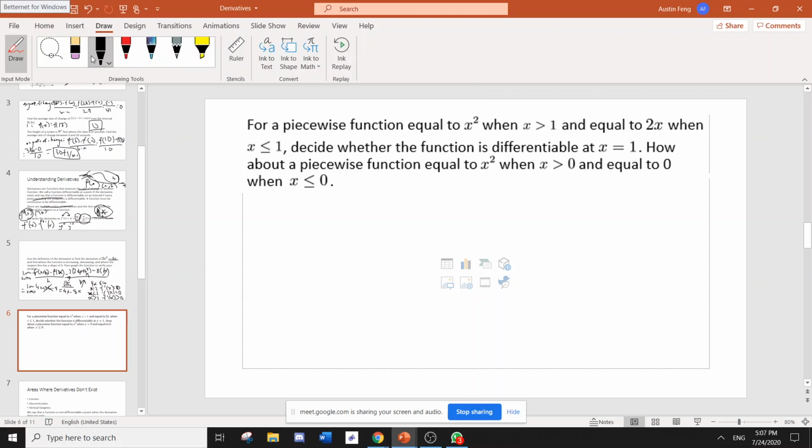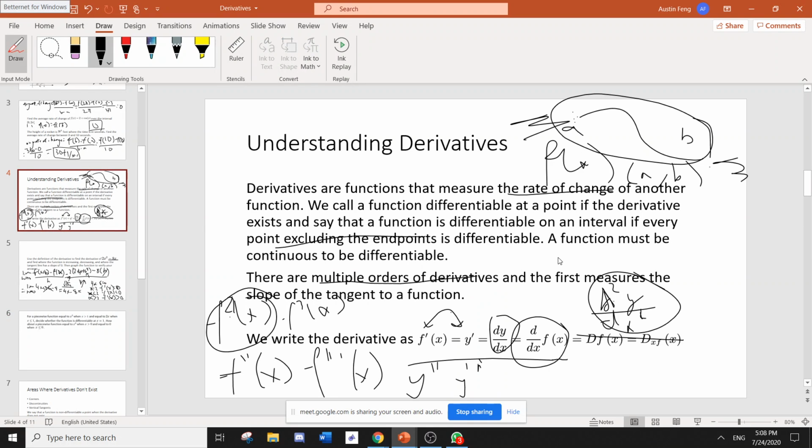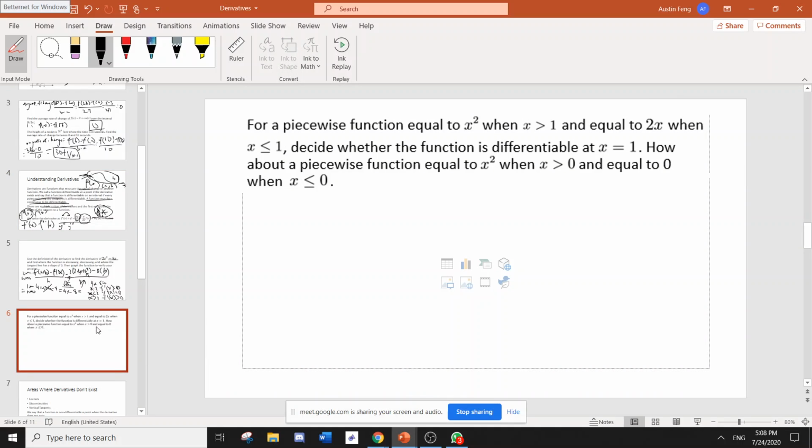We need to remember that in order for a function to be differentiable, I think I skipped over this, but a function must be continuous to be differentiable. Okay, so if a function is non-continuous at a point, the point will never have a derivative.